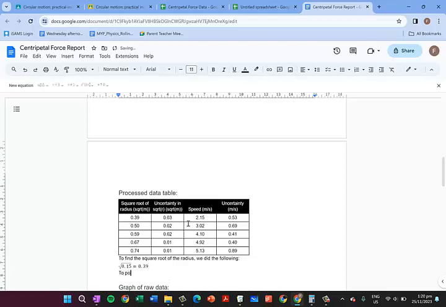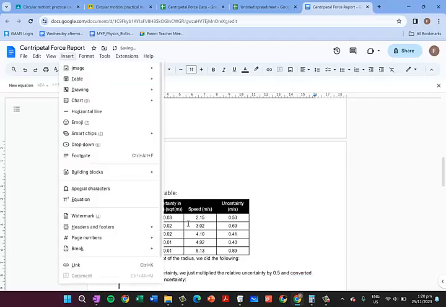and to propagate its uncertainty, we just multiplied the relative uncertainty by 0.5 and converted back to an absolute uncertainty.